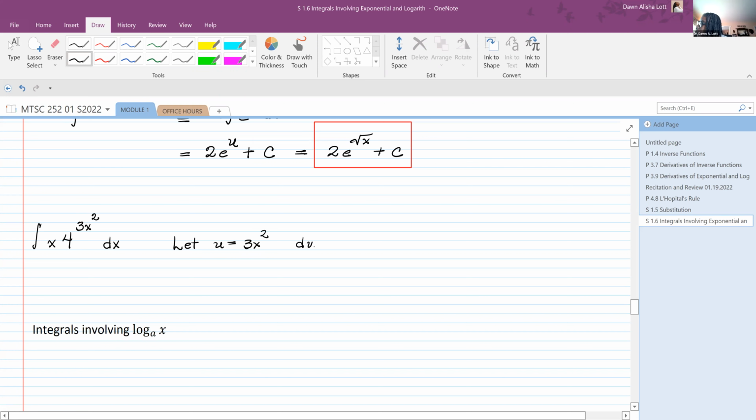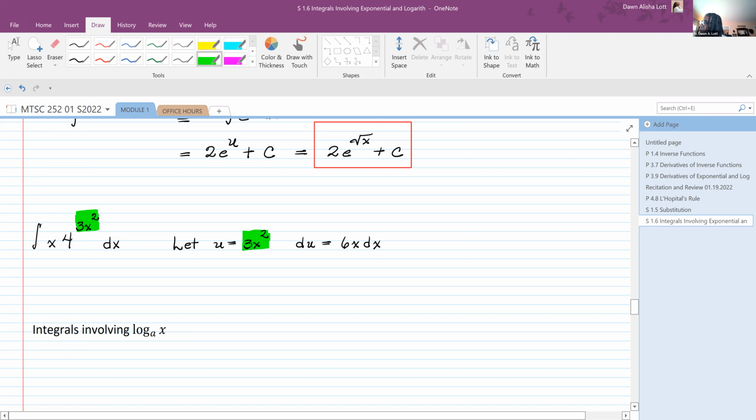And du is then 6x dx. So I already know that this is u. I'm good with that. So I'm looking at 4 to the u. So we're okay with that.